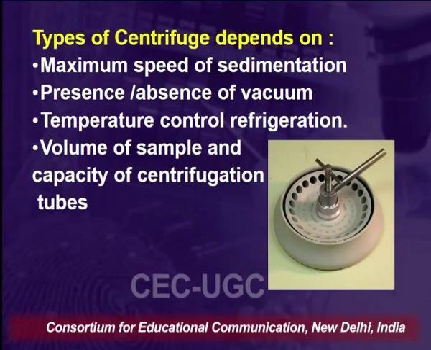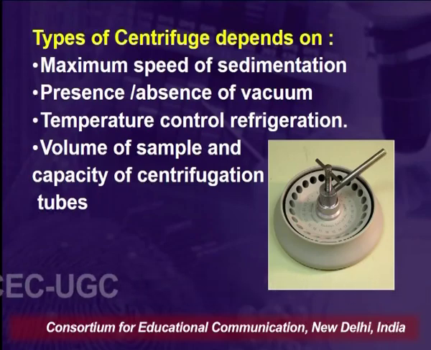Depending upon the centrifuge, the type varies and the amount of blood we are using for the extraction of DNA or any other thing. For example, for separation of certain particles, we use the centrifuge depending upon how much material we are starting with, 50 ml, 10 ml, 5 ml, 2 ml, 1 ml, etc.